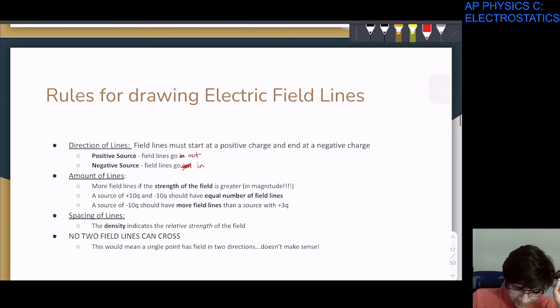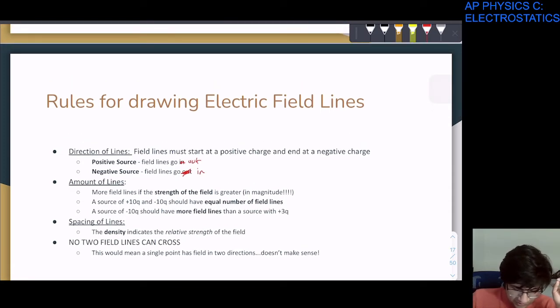That's an embarrassing typo. The amount of lines. So if there's a lot of lines, you're going to assume that the source has higher charge in magnitude. So you can see here as an example that positive 10Q and negative 10Q, remember Q is our discrete multiplier, like a charge of 1.